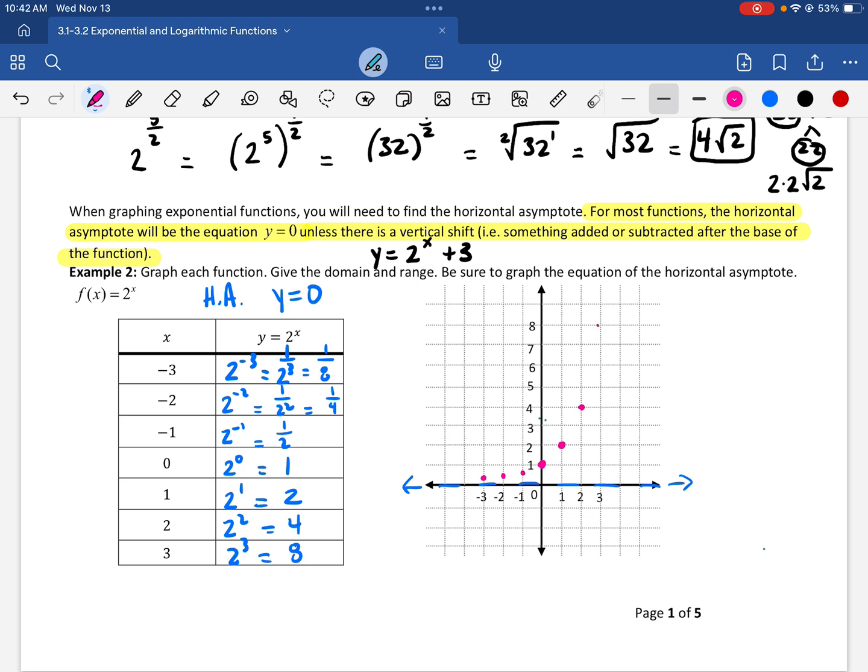And then 3, 8. And we'll connect those together, and we get that basic exponential function.